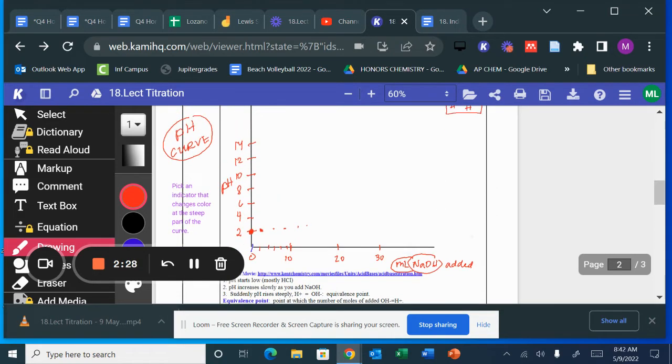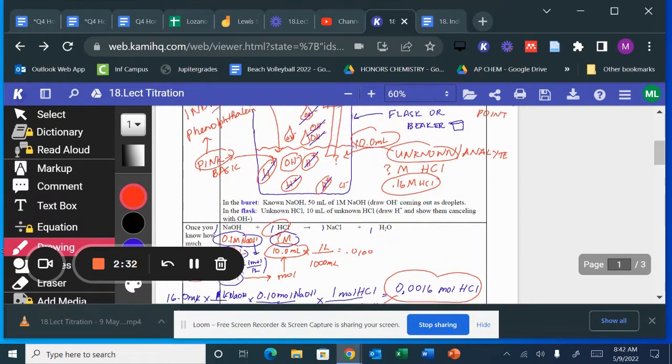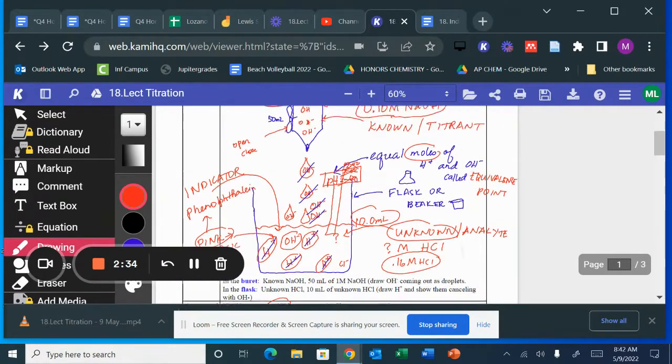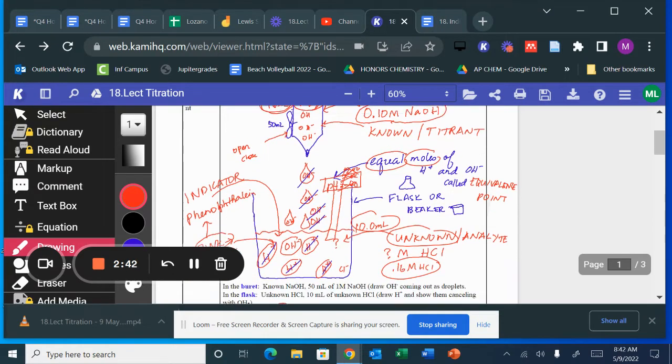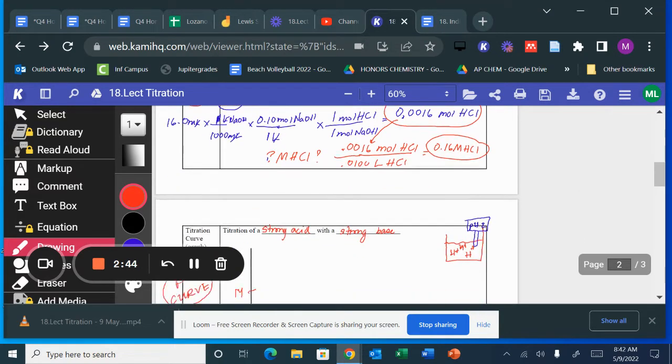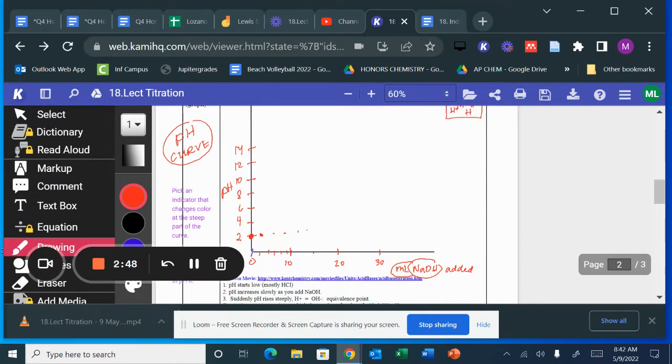All of a sudden, when you've added about, it says right here, let's say 16 milliliters of the base, you now have equal moles of the H plus and the OH minus. What do you think is going to happen to the pH? Around 16 milliliters, maybe in this area right here, the pH will go to pH 7.